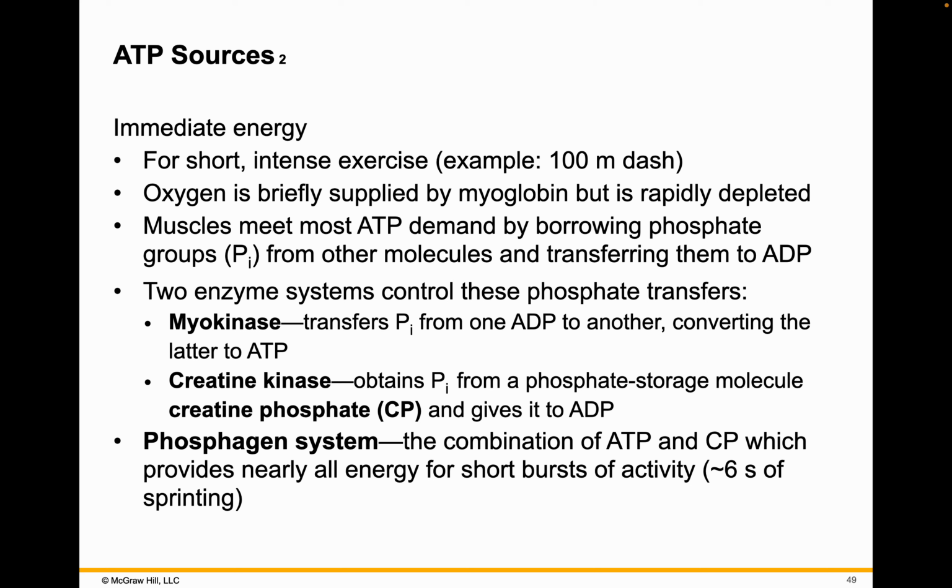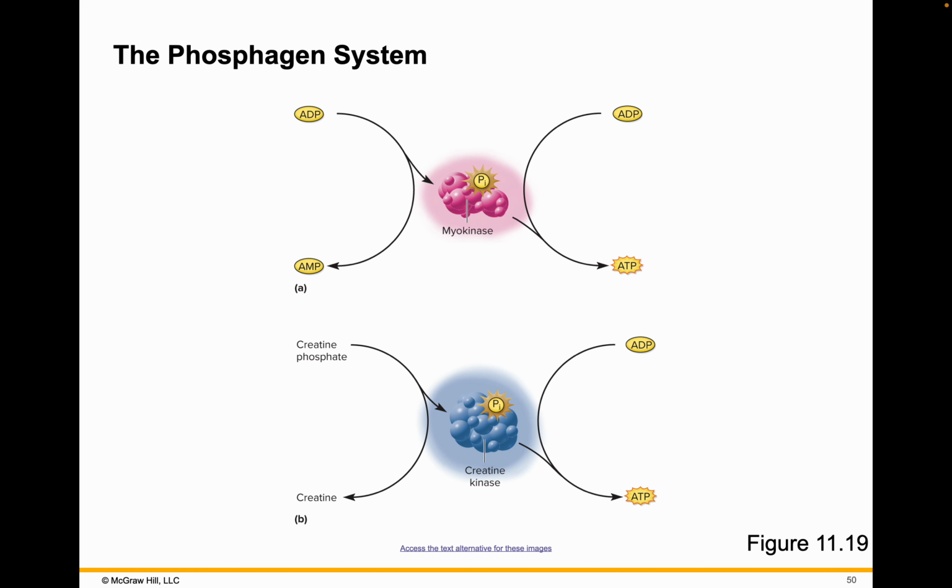They will both transfer a phosphate to an ADP. The phosphagen system is the combination of ATP and creatine phosphate, which provides nearly all the energy for short bursts of activity, approximately 6 seconds of sprinting, for example.